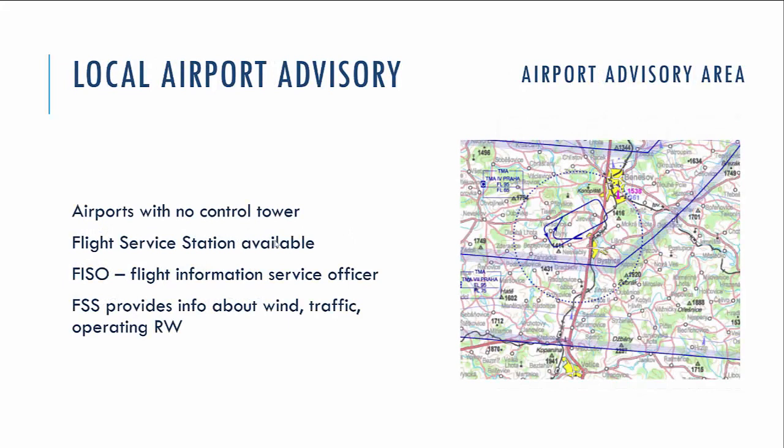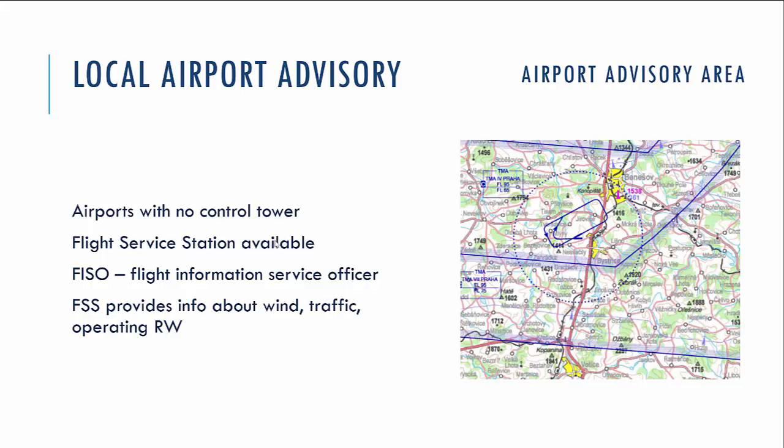I would like to bring additional information about local airports. In some small airports where there is no control tower, there is a traffic zone where the flight service station is available. In this case you can ask for the required information about traffic, wind, and operating runways, and you have to give your intentions to enter the advisory area.